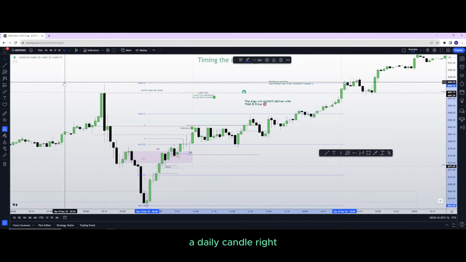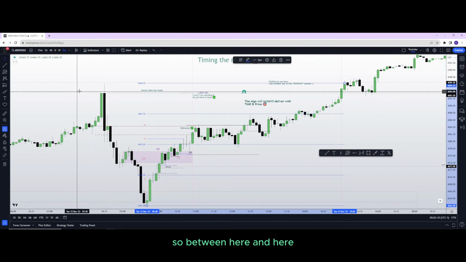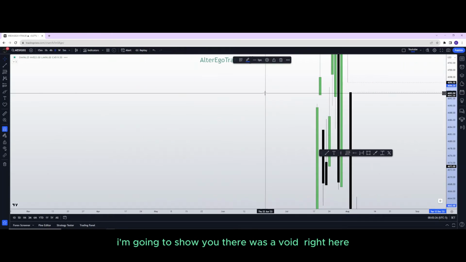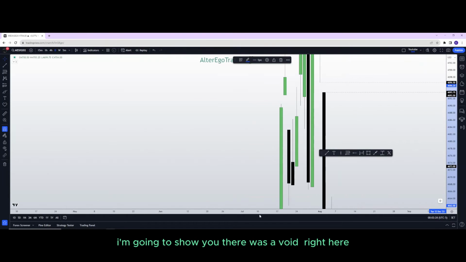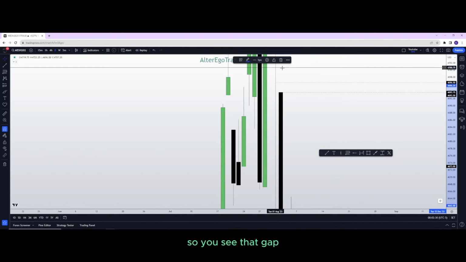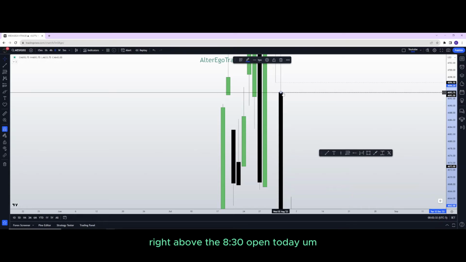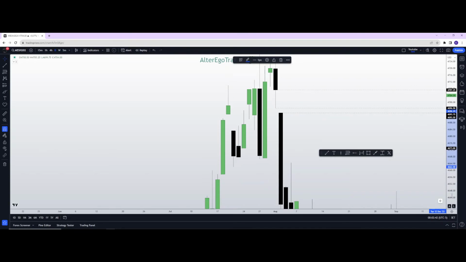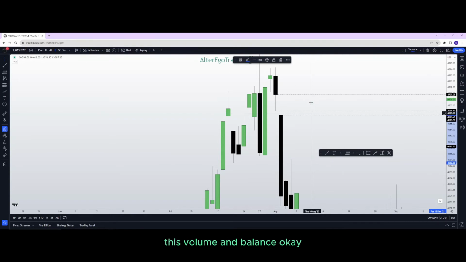and here is the low of a daily candle. So between here and here, there's actually a liquidity void on the daily chart. I'm going to show you. There was a void right here. So you see that gap? This is the low right above the 8:30 open today, and that's the low of this volume imbalance.